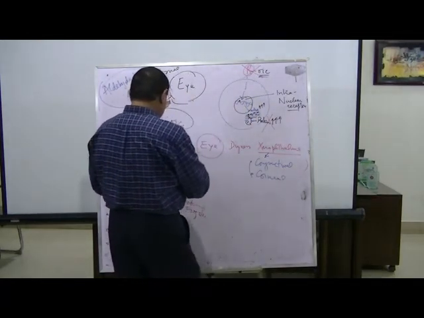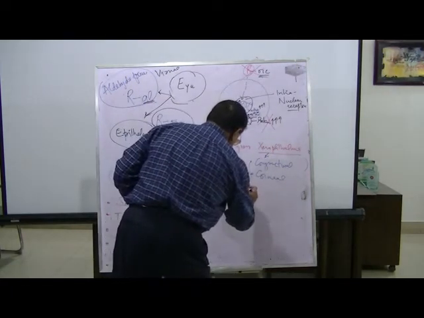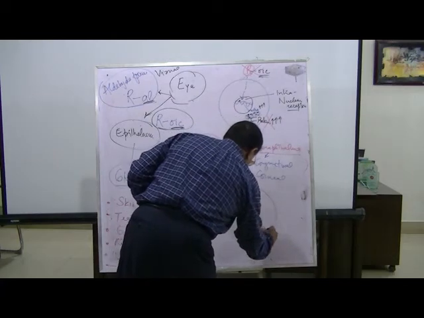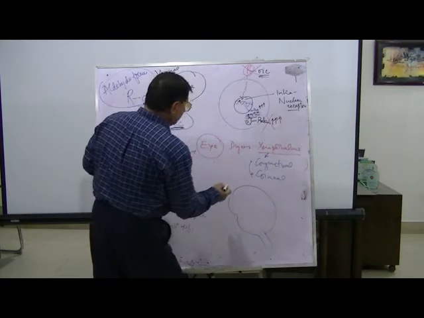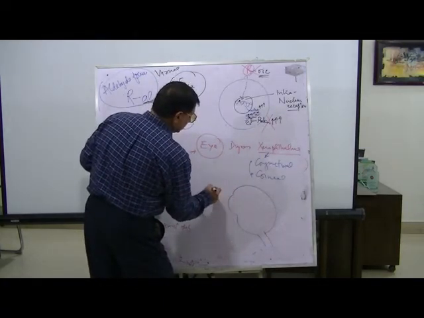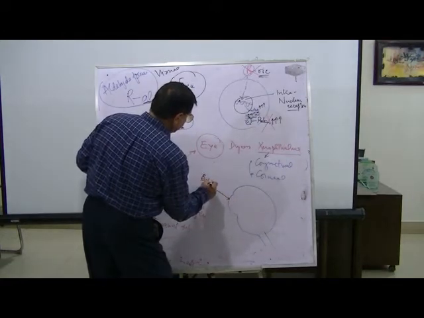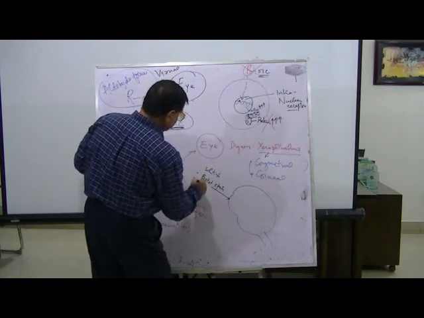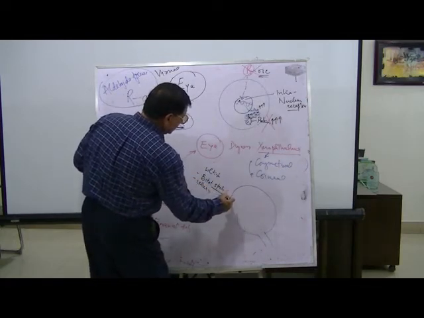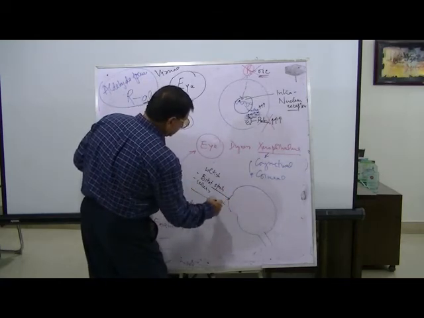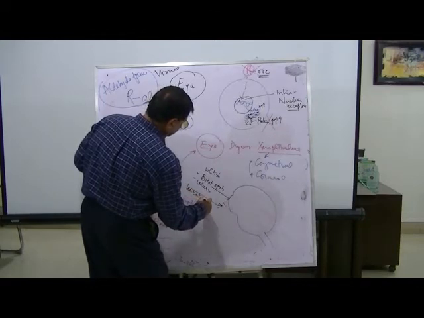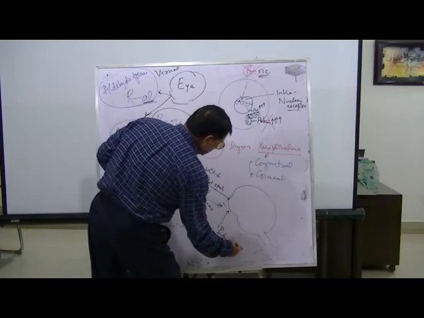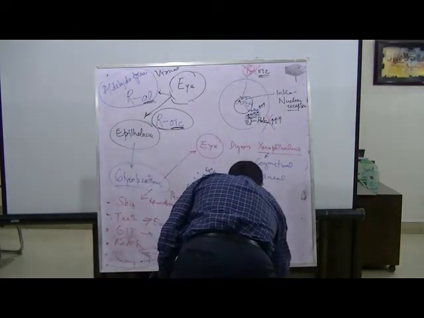If you see the structure of the eye, there will be xerophthalmia, then there would be Bitot's spots, whitish Bitot's spots, then there would be ulcers, then there would be keratomalacia, and when it becomes very weak, there will be perforation, leading to permanent blindness.